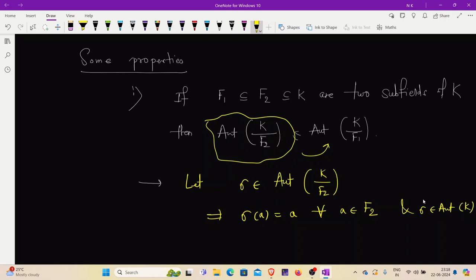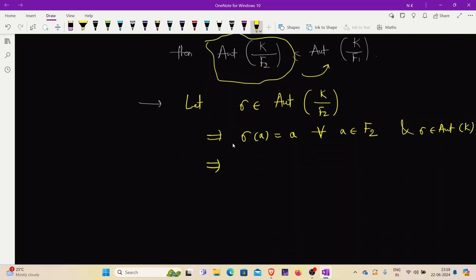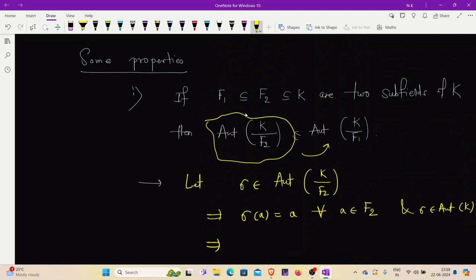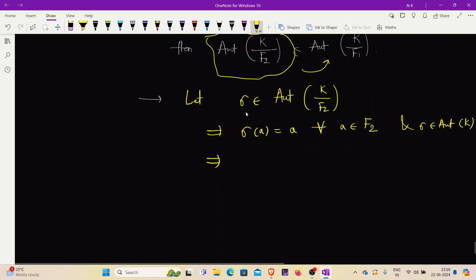Right? So what this implies, we have already given that F2 is a superset of F1, and if sigma is fixing a superset, then definitely it fixes a subset, right? So that's why I can write here that this implies sigma of a equal to a for all a belongs to F1 as well, and the reason is quite clear, because F1 is contained in F2, right?